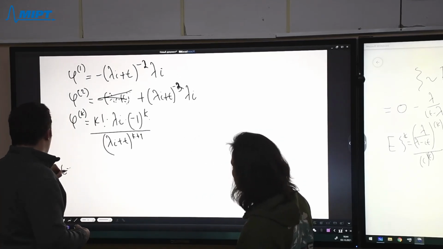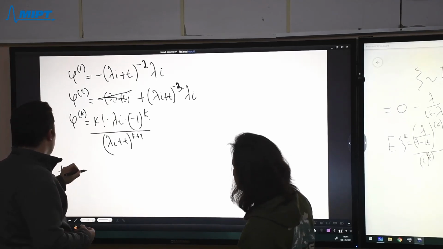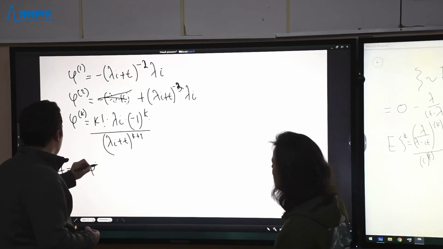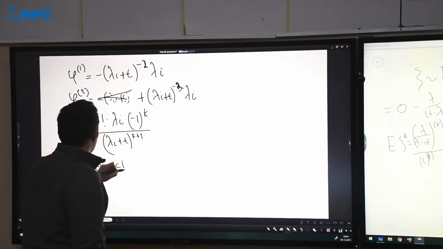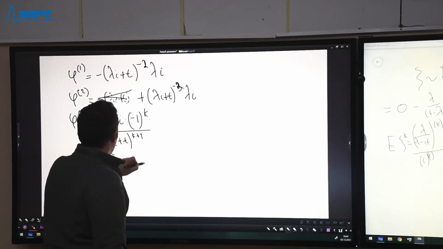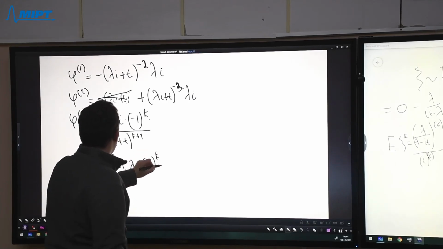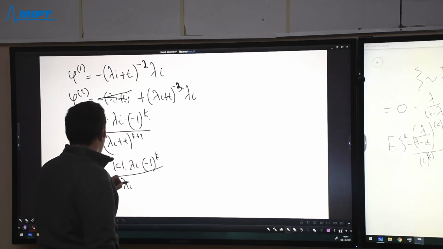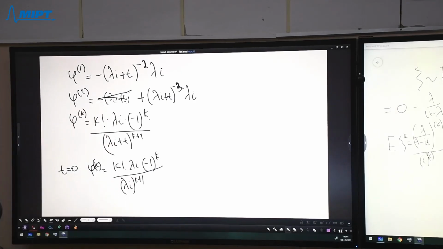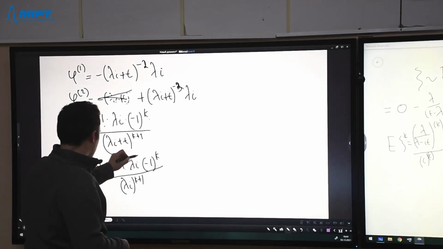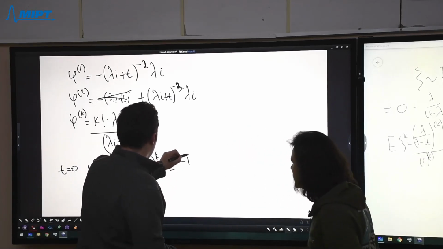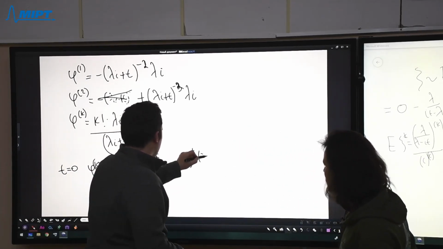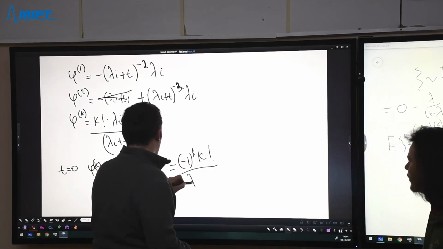Then the k-th derivative equals k factorial lambda I to the minus 1 to the k, over lambda I to the k plus 1. Well, this cancels out once. So this is just minus 1 to the k, k factorial, over lambda I to the k.